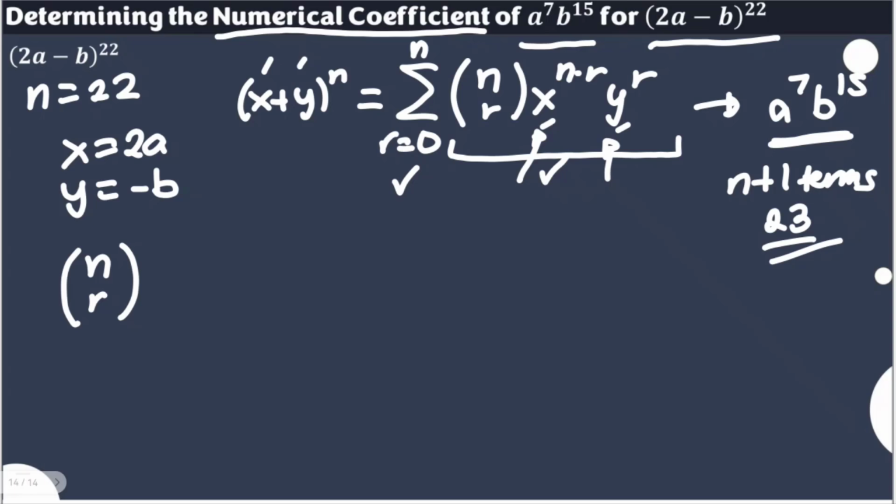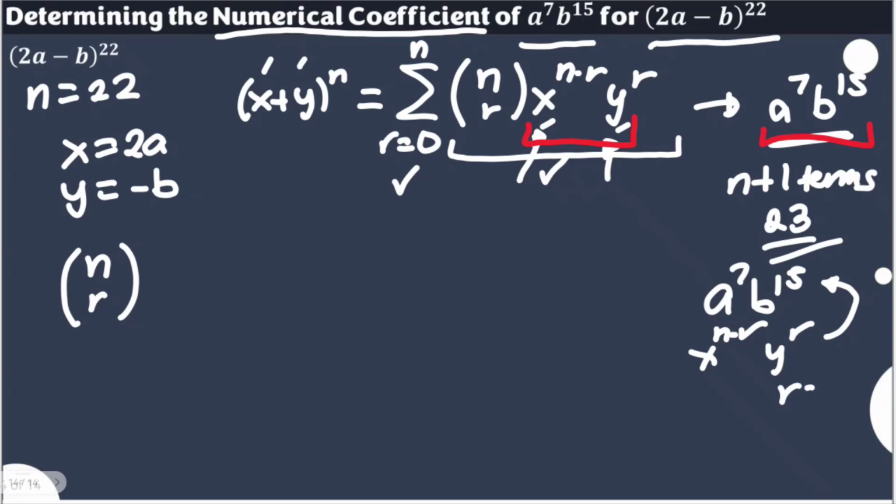I would like you to compare these two in this form here. This is our target: the numerical coefficient of a to the power of 7 and b to the power of 15, which should be expressed as x to the power of n minus r, y to the power of r. From this, we get our r equal to 15, automatically.